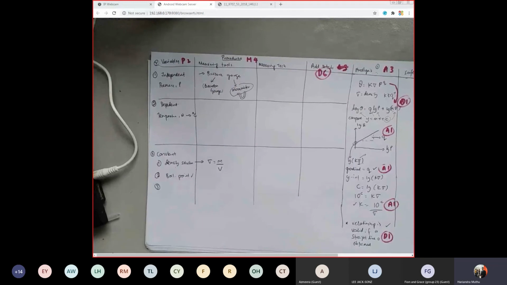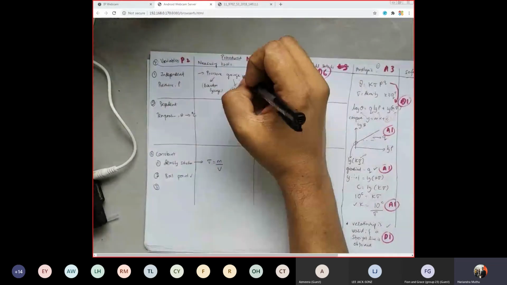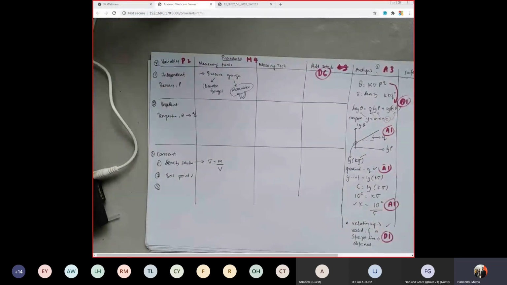The pressure gauge is the easiest. Next time you go to college, look at the fire extinguisher. You see a round shape on top showing some reading. That is the pressure gauge, so at least you are able to picture it. That will be the best tool for this.